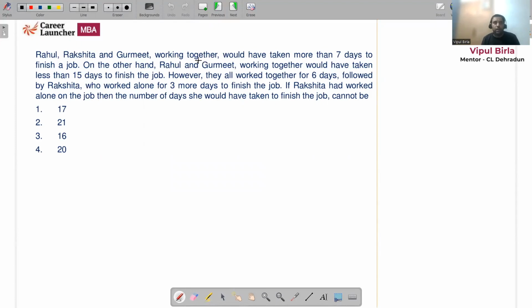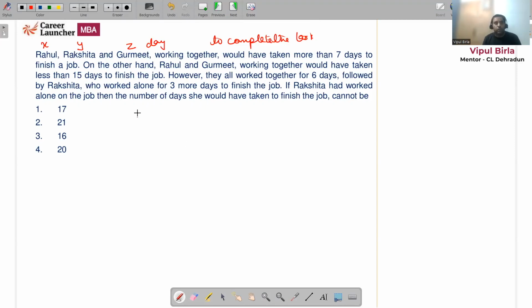Okay, going by the statement, Rakshita, Rahul, and Gurmeet working together would have taken more than 7 days. Let's say Rahul completes the task in X days, Rakshita in Y days, and Gurmeet in Z days. So they would have taken more than 7 days, which means in one day they will do less than 1/7 of the work.